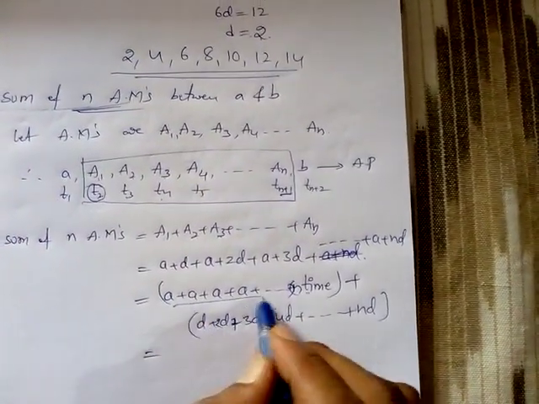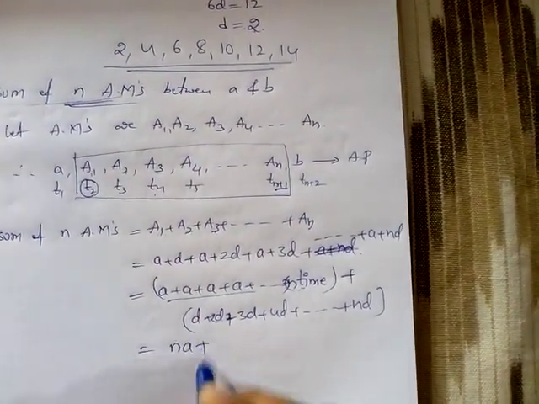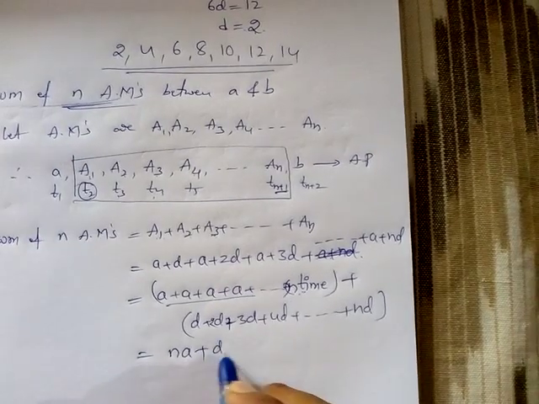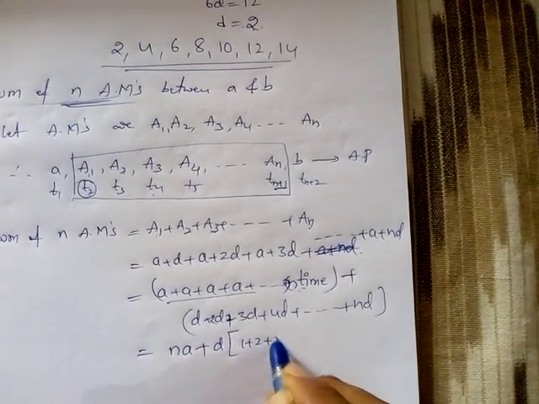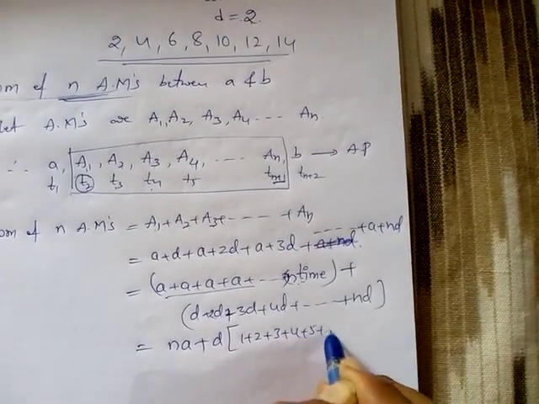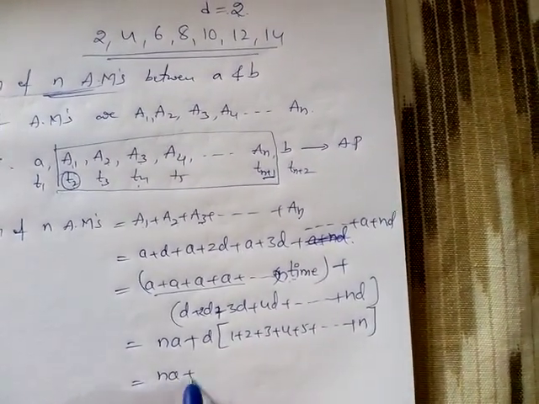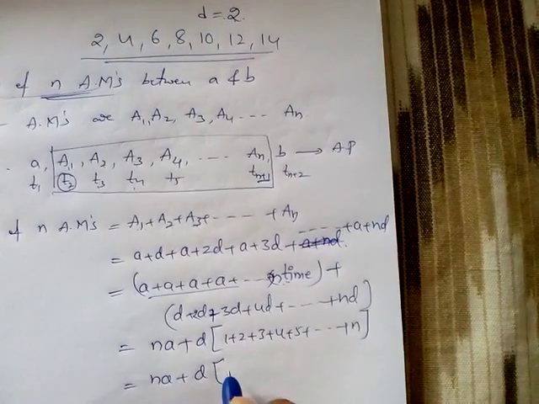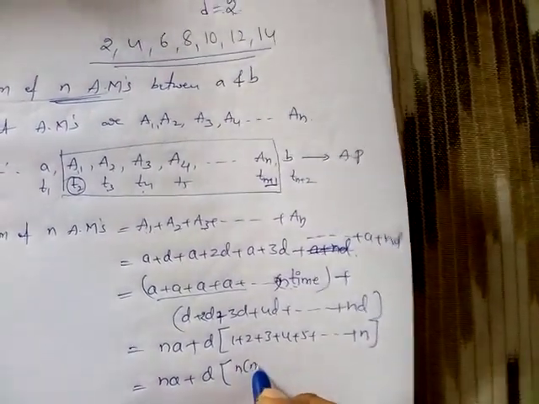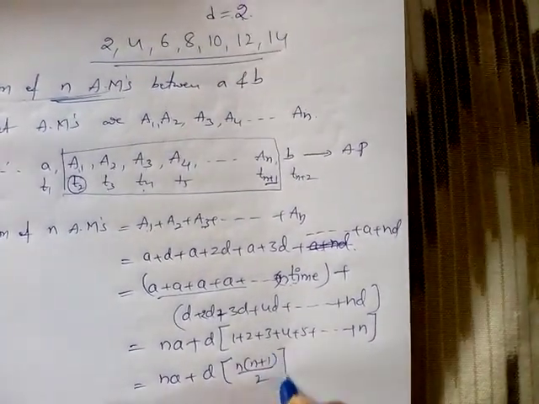So a is repeated n times, so the result is na. By taking d common: 1 plus 2 plus 3 plus 4 plus 5 plus so on up to n. So na plus d into the sum of the first n natural numbers, n into (n plus 1) by 2.